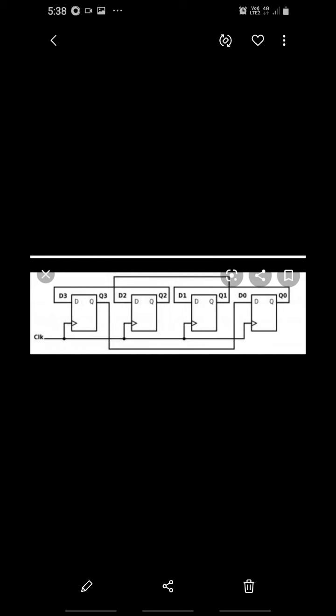Next, explain about the 4-bit shift left register. The shift register that shifts the data by 1 bit to the left is known as the shift left register.